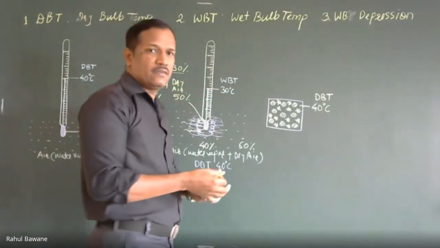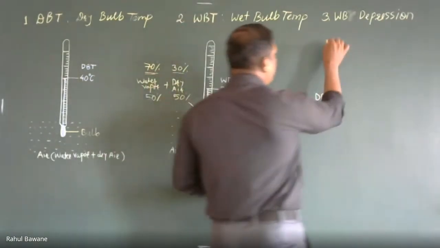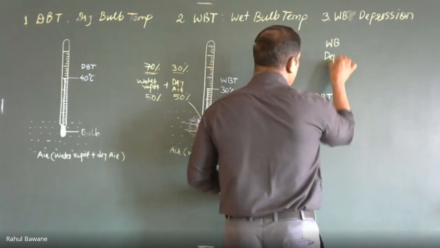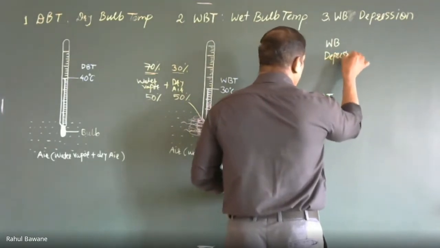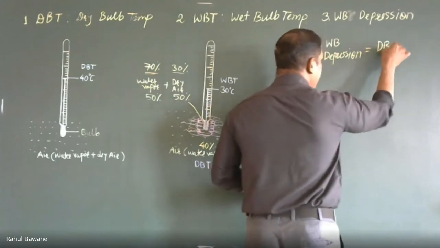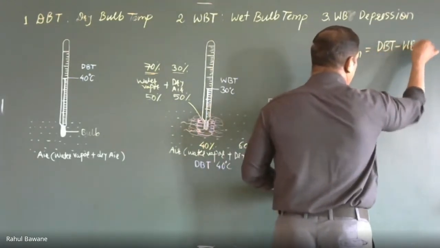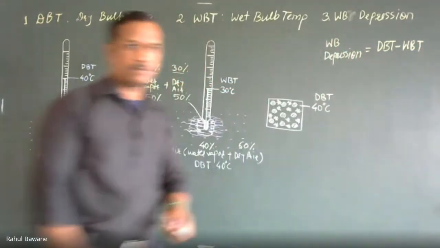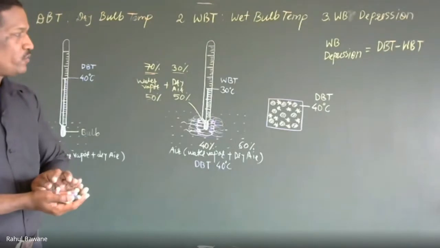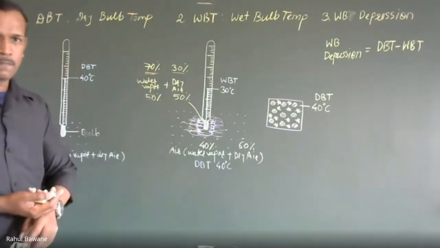Depression means how much it reduces, what is the difference. So wet bulb depression shows the difference of dry bulb temperature and wet bulb temperature, by using this wet cloth.